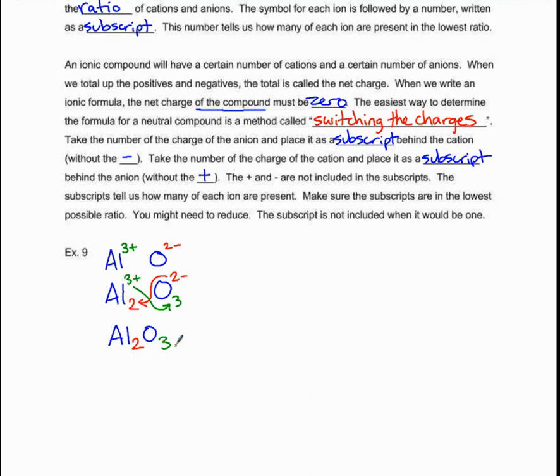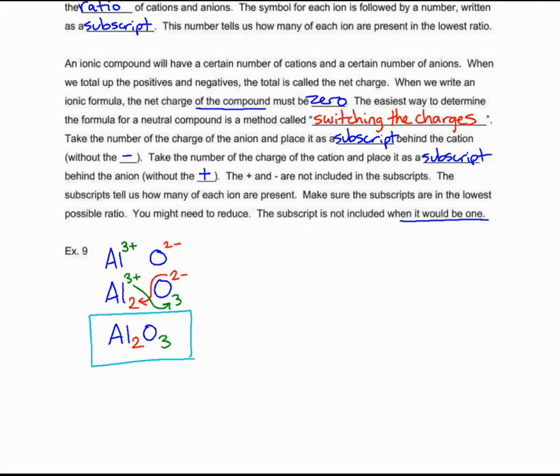You'll also note that for this one, my final one, this is what I'm looking at, there are no charges hanging around. Under no circumstances will we have a chemical formula that has subscripts and charges in the final neutral, net charge 0 compound.